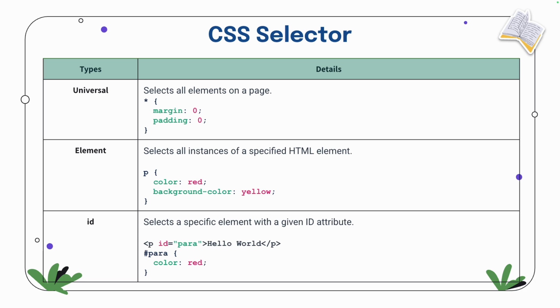Generally when you go to any web page, you will see this star, because by default some tags come with styling, like font size, margin and padding. When you write a paragraph, you will see default styling is already added.